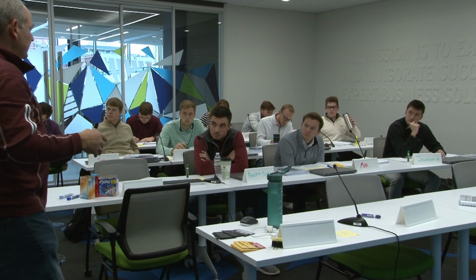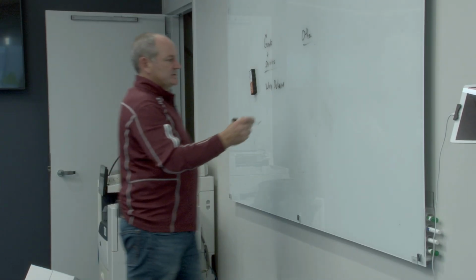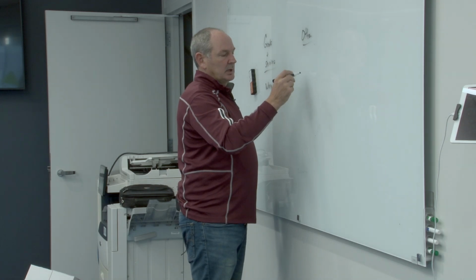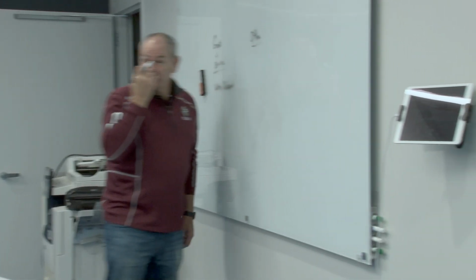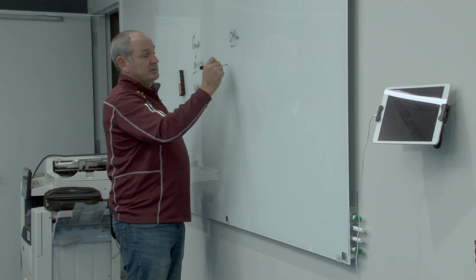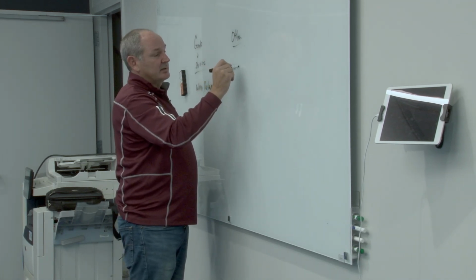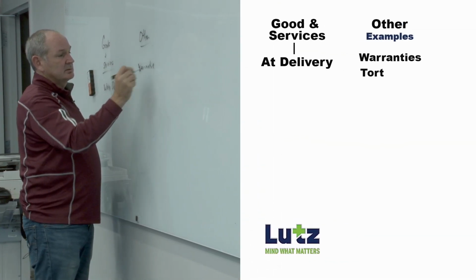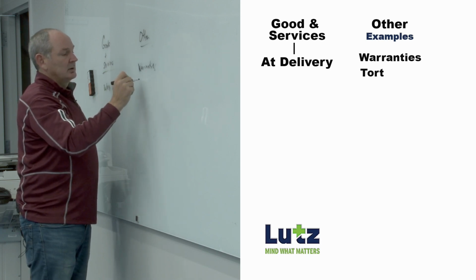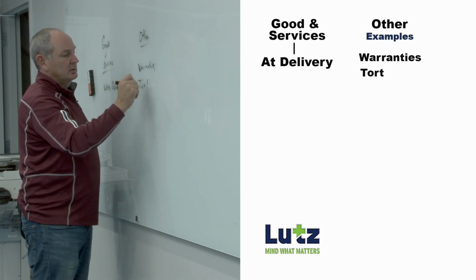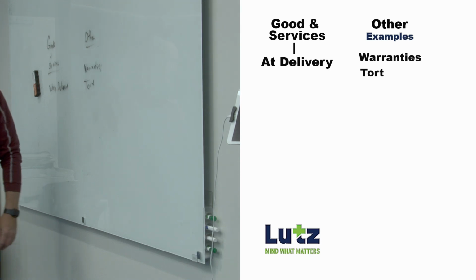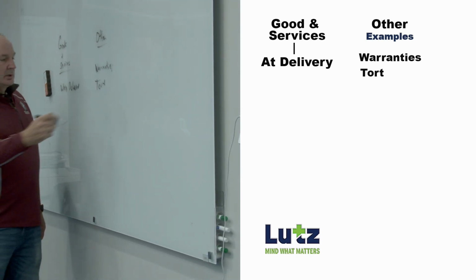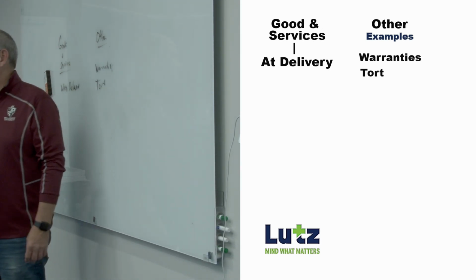Okay? Then there's this other piece. And this other piece, there's a series of them, and I'm going to give you some examples. Warranties, which I think is in here somewhere. Tort, which is a lawsuit. Games and prizes, and there's some other things, okay?